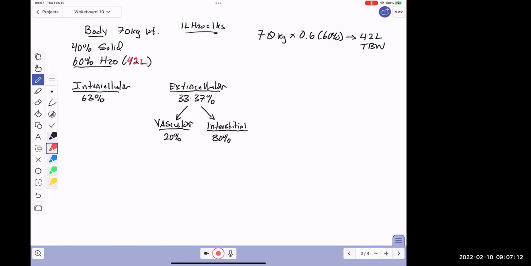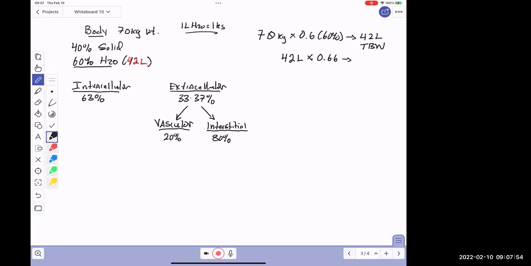All right. So now we can take a look at the various compartments. I am going to look at the intracellular compartment first of all. Of the 42 liters of total water that I have in this 70 kilogram person, I'm going to multiply that by 0.6, or 0.66, somewhere in there, 0.63 to 0.66.